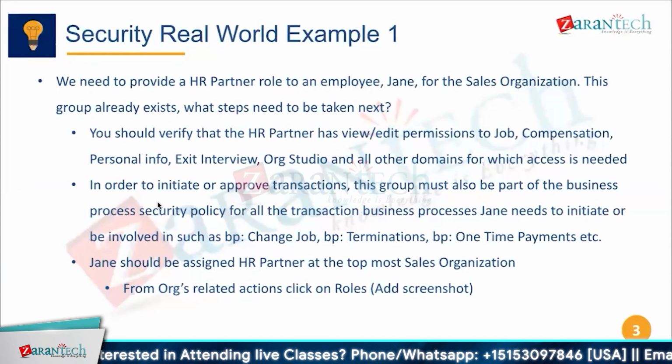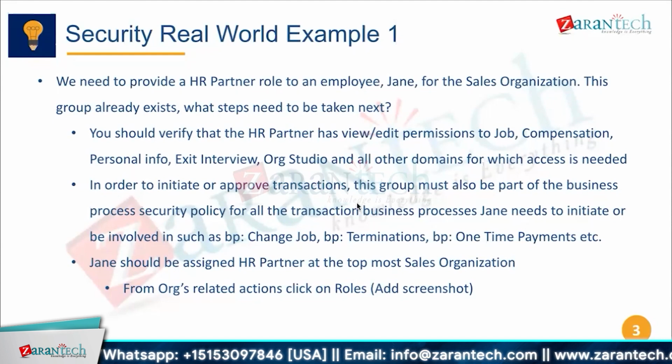The second point, it says in order to initiate or approve transactions, this group must also be part of the business process. So they're asking us to give this HR partner security group some domain access from the first point and business process access from the second point. The third point says the HR partner should be assigned at the topmost level.